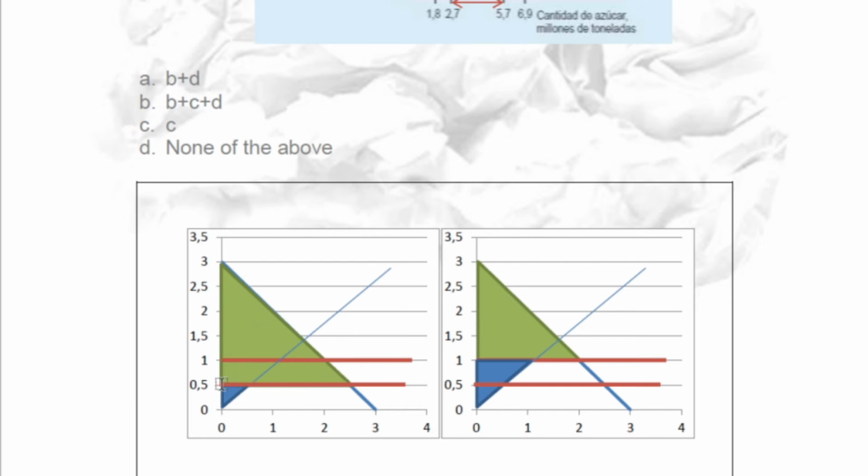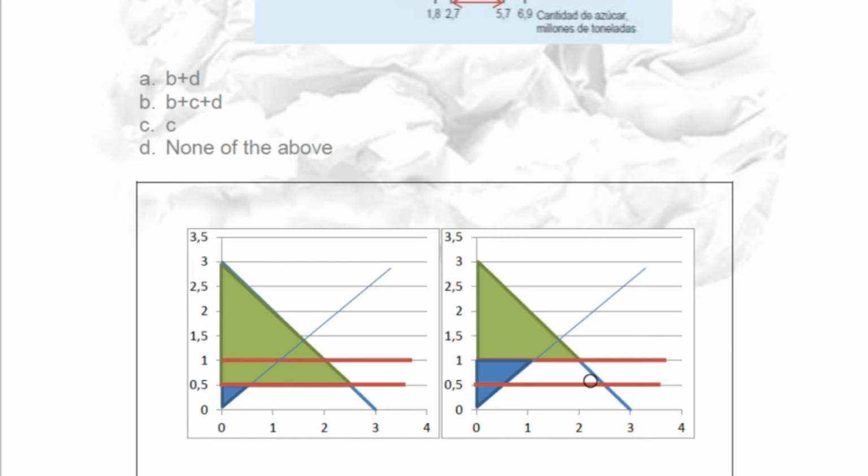If the import quota is imposed so that the price level increases to 1, then the producer surplus increases, and the consumer surplus decreases, and here we have a white area that no one gains. So this area is lost from this situation.